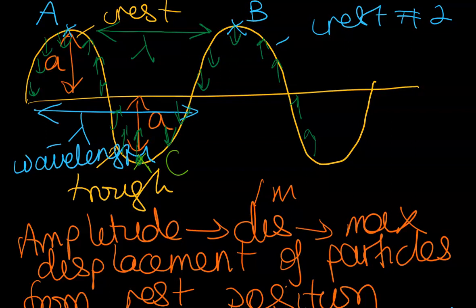Now the other property I want to talk a little bit about is the period of a waveform. So here we're going to look at one cycle being a crest and a trough, right? And capital T represents the period.